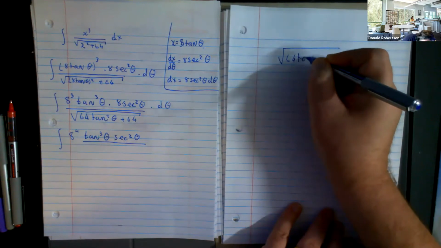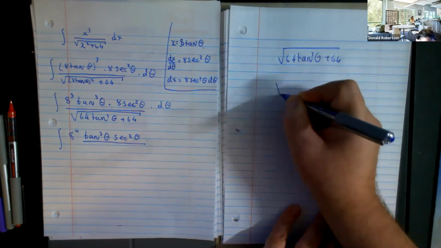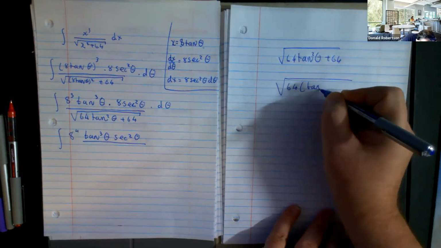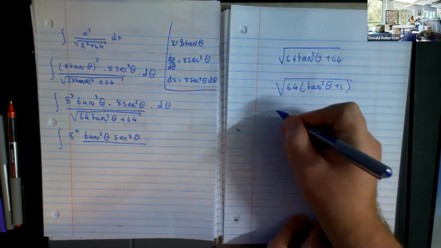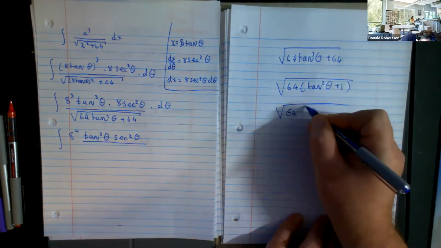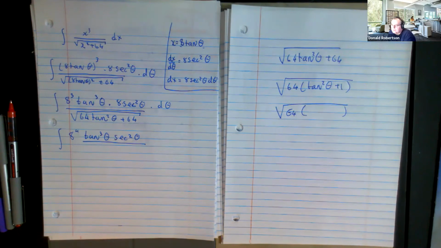64 tan squared theta plus 64. If you pull out the 64 as a common factor, which you will always be able to do in this, you get that. Does anybody know what tan squared theta plus 1 turns into?